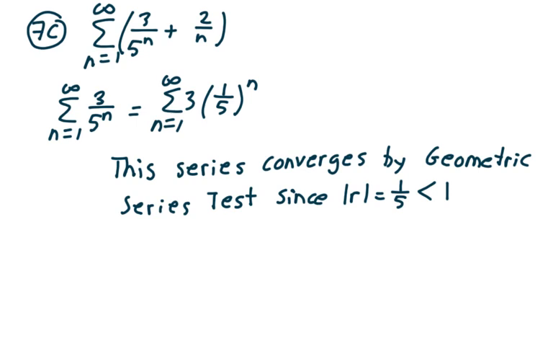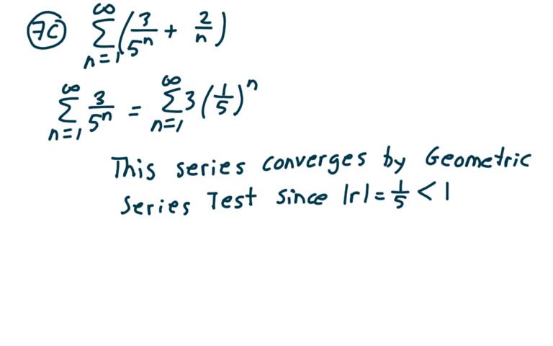7c. Suppose we have the summation from n equal 1 to infinity of 3 over 5 to the n plus 2 over n. Now, I'm going to look at the summation from n equal 1 to infinity of 3 over 5 to the n. This is equal to the summation of 3 times (1/5) to the n.